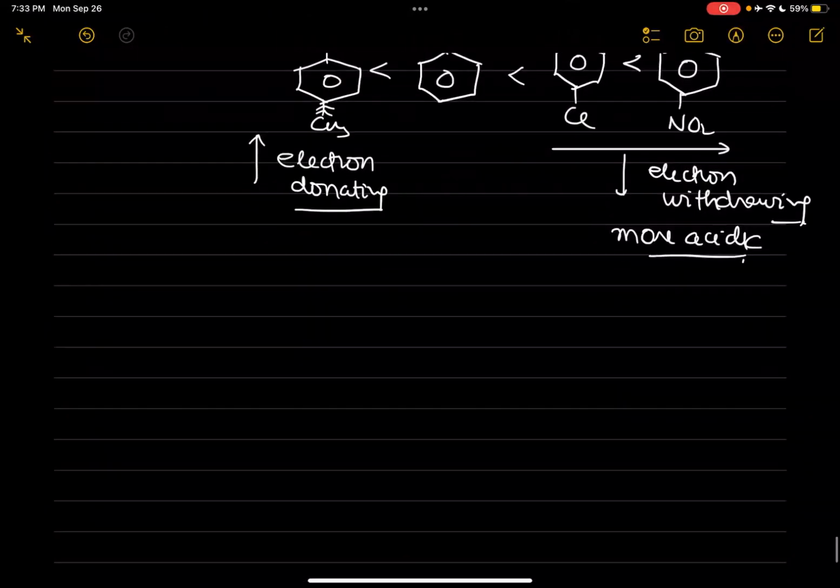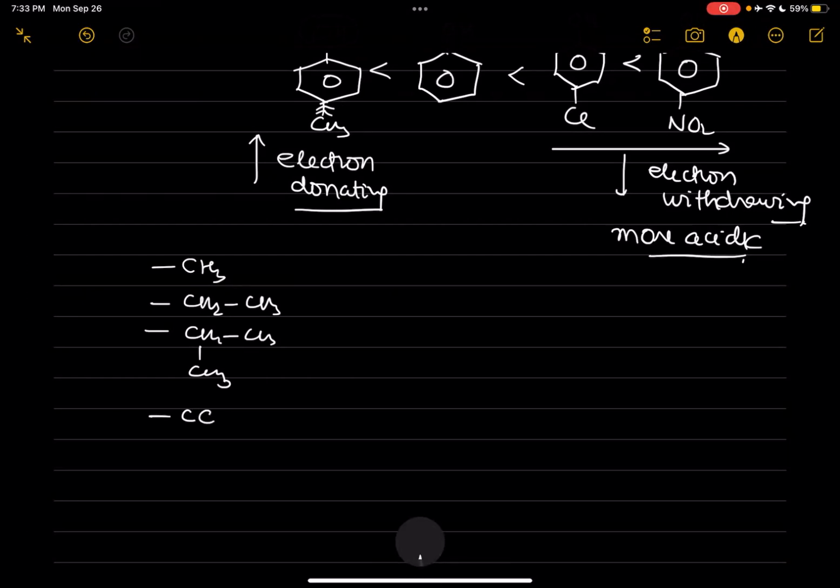Yeah. Suppose you have alkyl groups, CH3, ethyl, okay, or CH3. I will give you a list. And if you have groups which have a lone pair, they are also electron donating, like NH2.